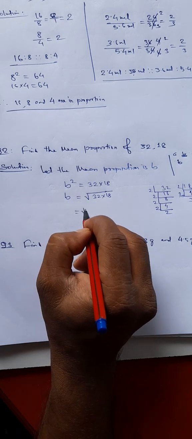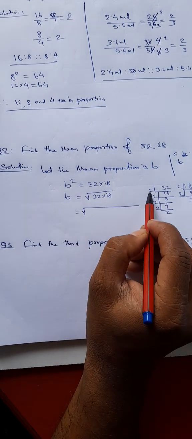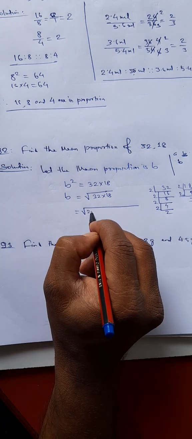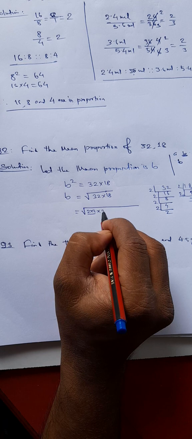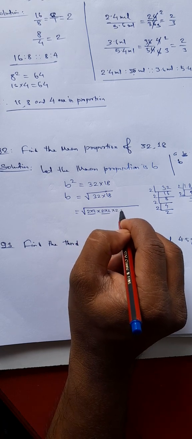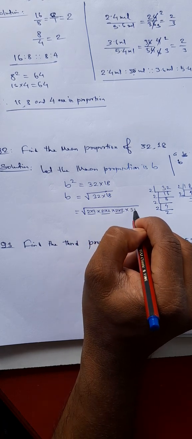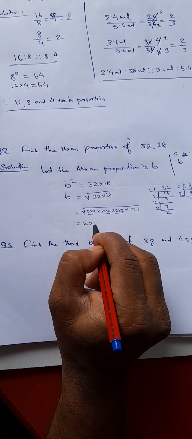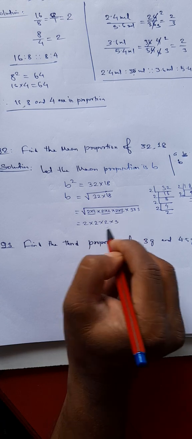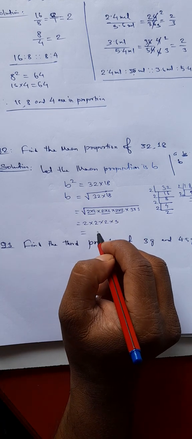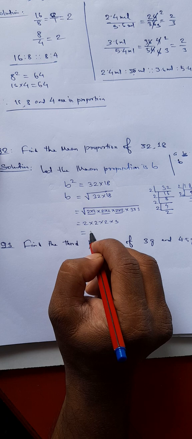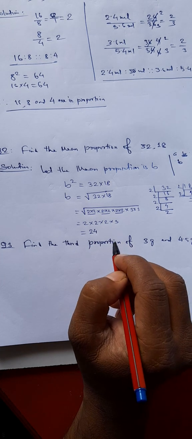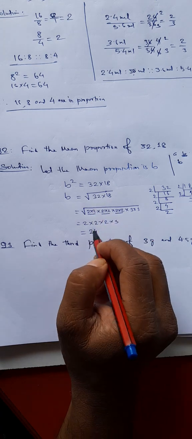Now we can write it like this. 2 how many times? 1, 2, 3, 4, 5, 6. 2 into 2, 2 into 2, 2 into 2, 3 into 3. So the square root of this is 2, 2, 2 and 3. So the answer is 24. So the mean proportion is 24.